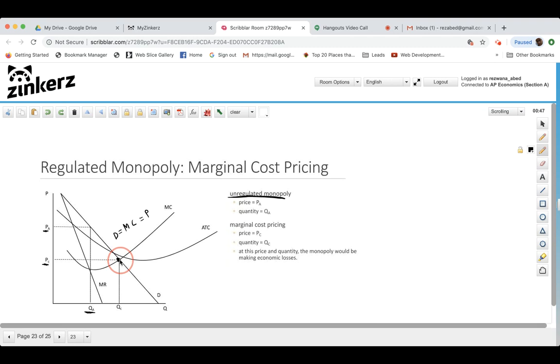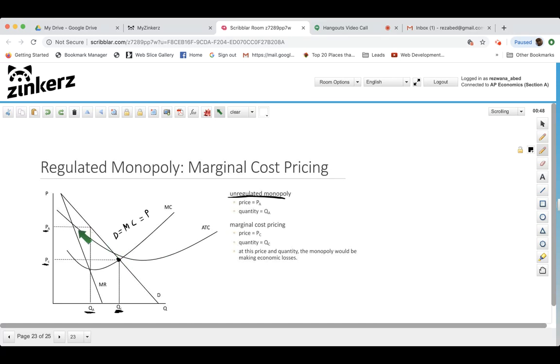And when you take this price and label it down, this is the quantity that we would like you to produce, the socially optimal quantity. This is great for society, because now they're charging a lower price, and they're producing a quantity which is a lot higher than before, a lot higher than QA.